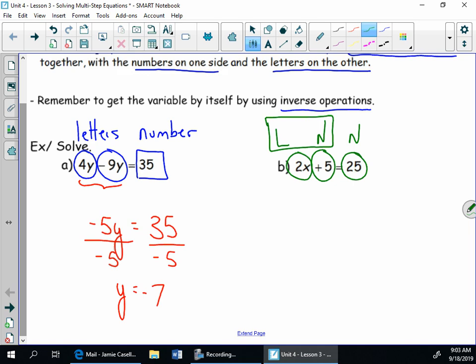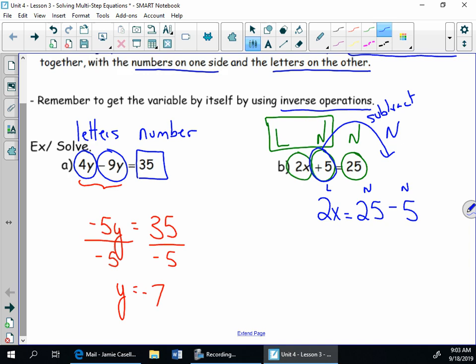The smartest thing to move would be to take this plus 5 and move it over here, because then I'd have the numbers all together. What would that look like? Well, I'm not moving the 2x. It's going to stay right where it is. I'm not moving 25. It's staying where it is. And the 5 is going to go at the end. Remember, when I cross the equal sign, I do the opposite. So plus becomes subtract. And now I've got letter, number, number.